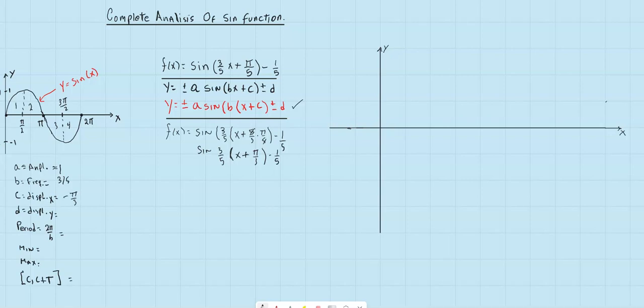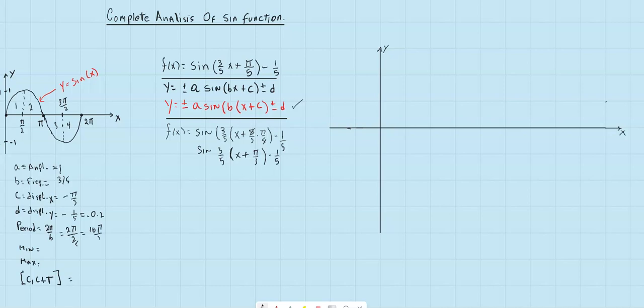And in the y, it's going to be -1/5, which is equal to -0.2. Then our period is going to be 2 pi over b, where b is 3/5, which is going to be 10 pi over 3.